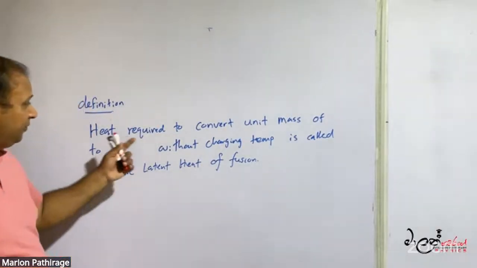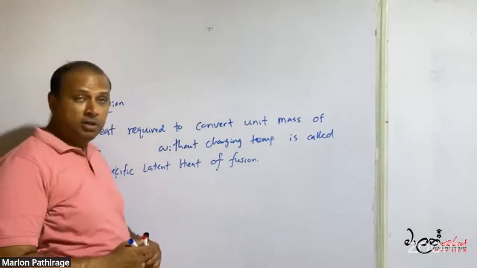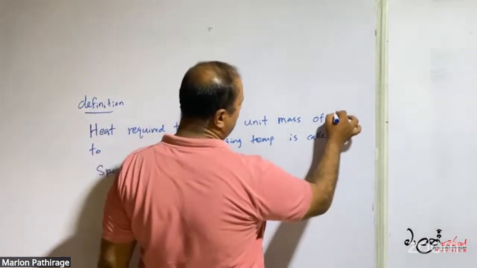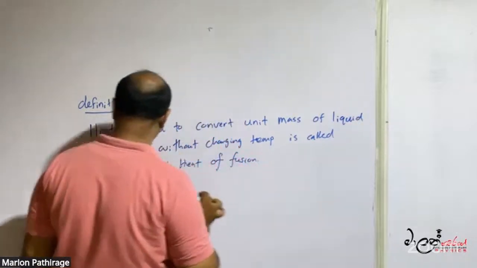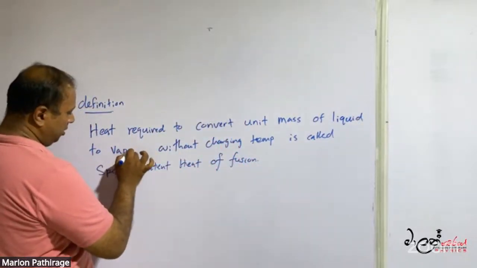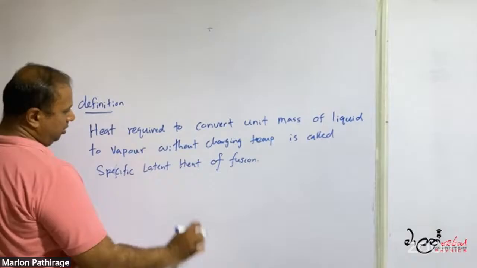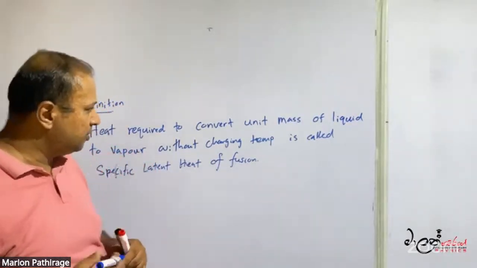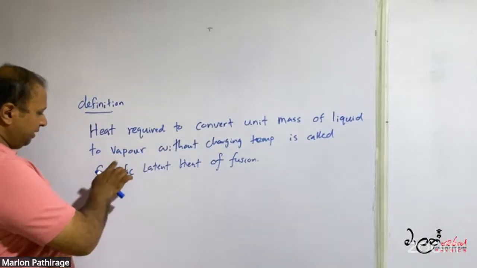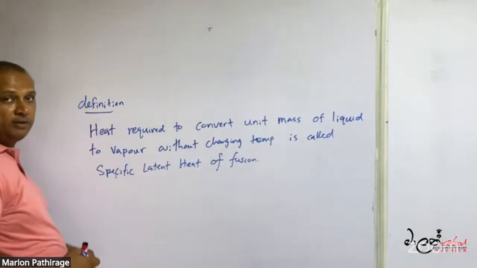It is the heat required to convert a unit mass of liquid into vapor without changing the temperature, and it is called the specific latent heat of vaporization.